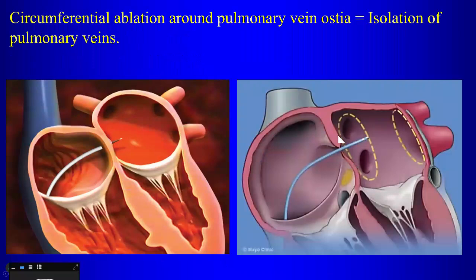So they will do ablation around the pulmonary veins, and that prevents the abnormal conduction of electrical activity resulting in atrial fibrillation.